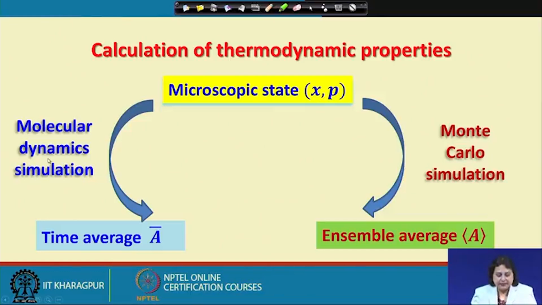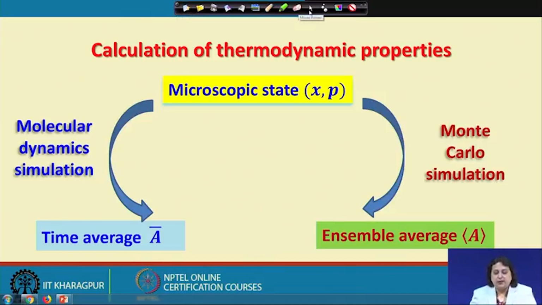And as I have already said, for ergodic systems, I do have these two averages equal to each other. But there are systems which are non-ergodic, and in that case the time average is not going to be equal to the ensemble average.